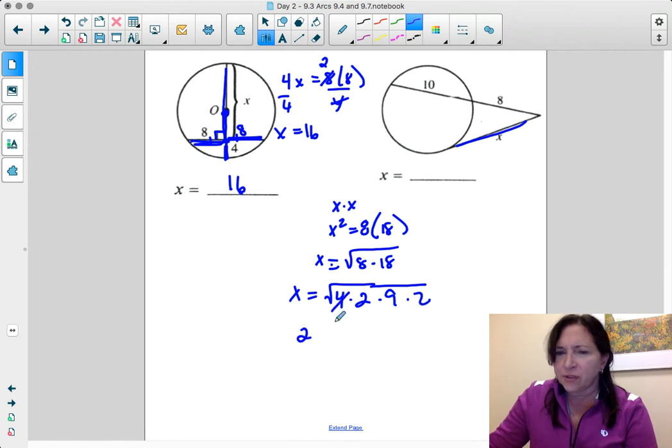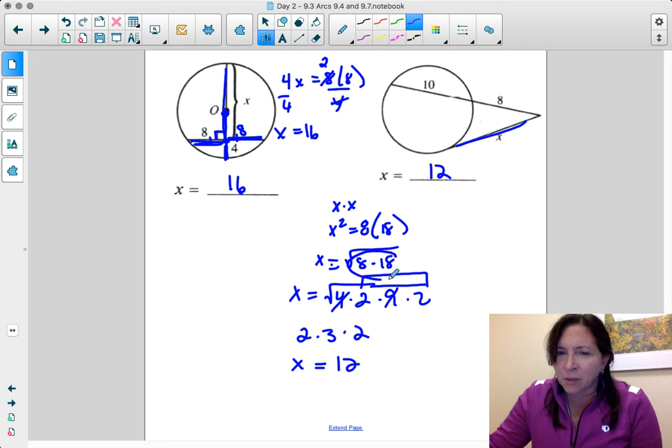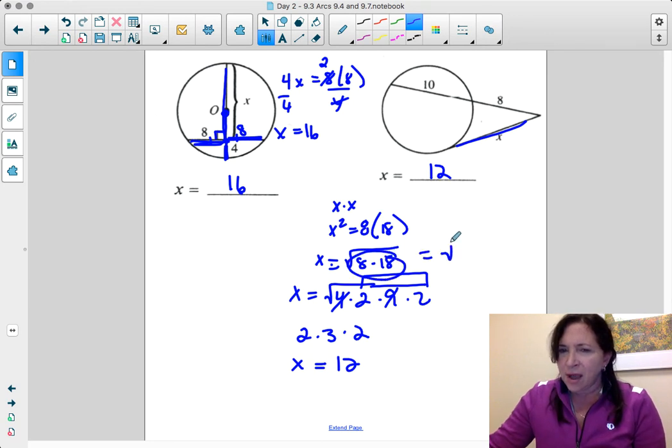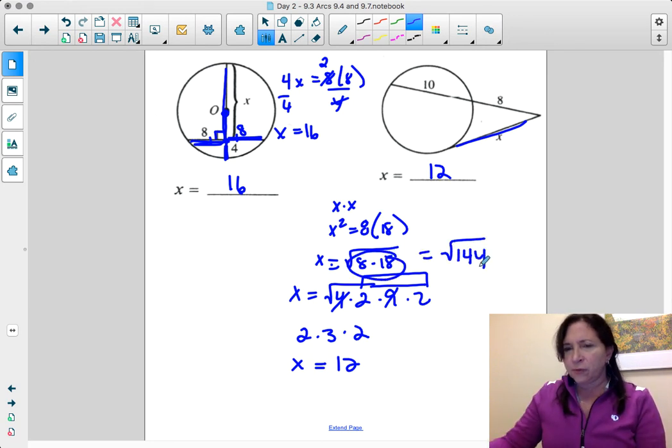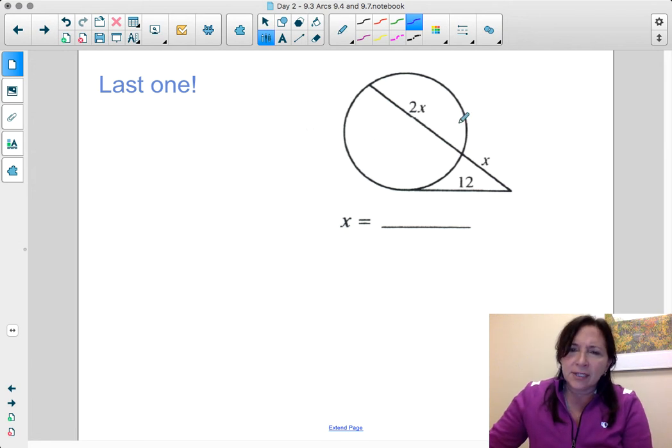Square root of 4 is 2. Square root of 9 is 3. Root 2 times root 2 is root 4, which is 2. So what I have is 2 times 3, which is 6. 6 times 2, which is 12. So I've got x is equal to 12, which basically means that had I multiplied these two numbers together, I would have, in fact, gotten 144, square root of 144, which I could have just square rooted and gotten 12 anyways.